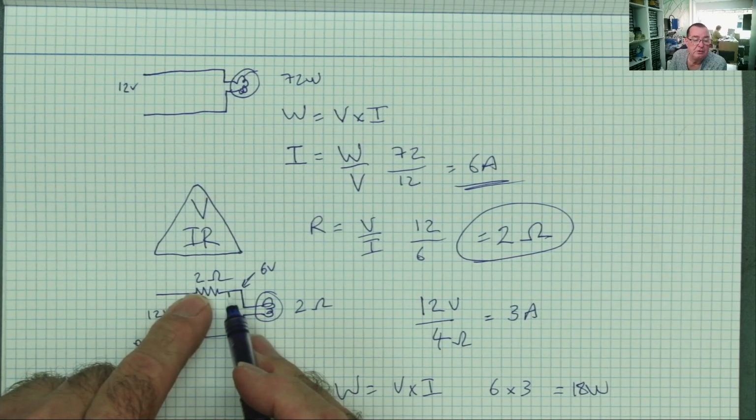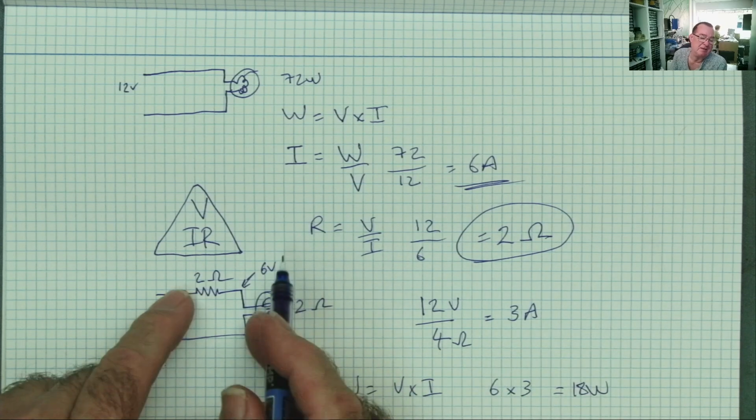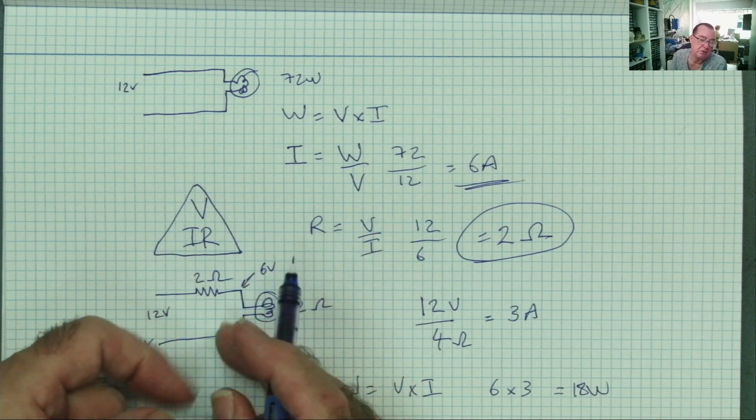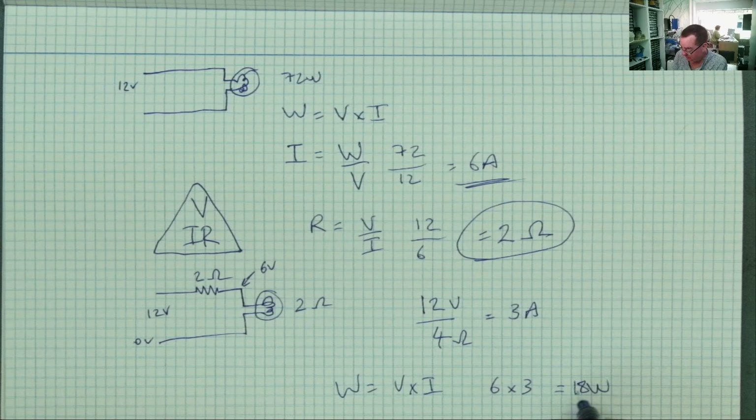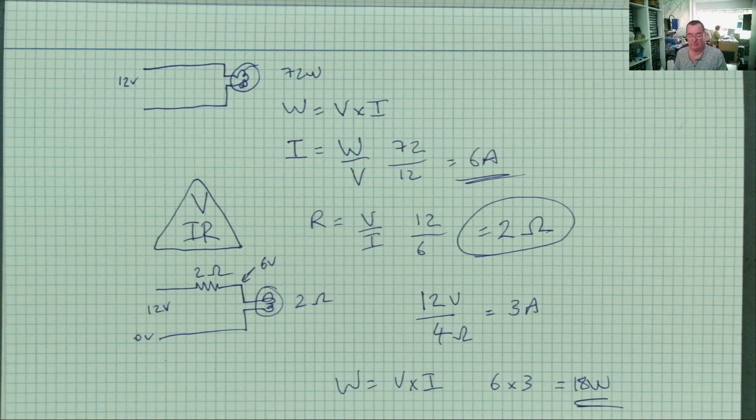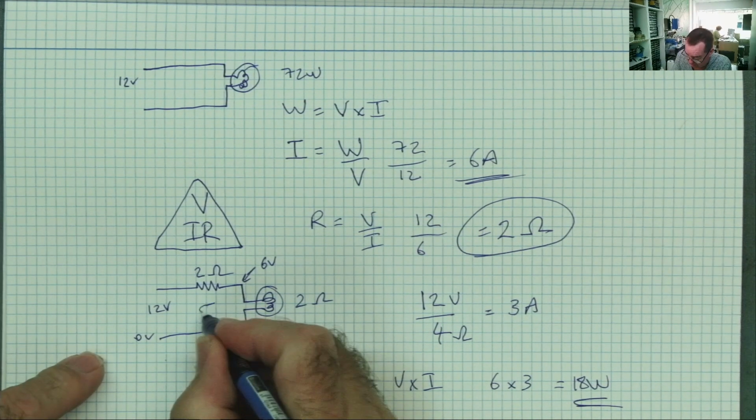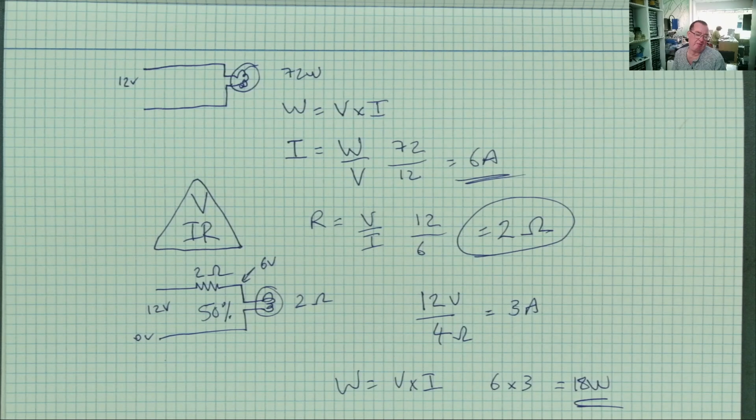And the wattage dissipated by the resistor is exactly the same because it's also at 6 volts across and it's also passing 3 amps. So that's the actual wattage. The resistor will still glow if we put a small enough one in there. And the efficiency of the circuit is still at best like 50%.